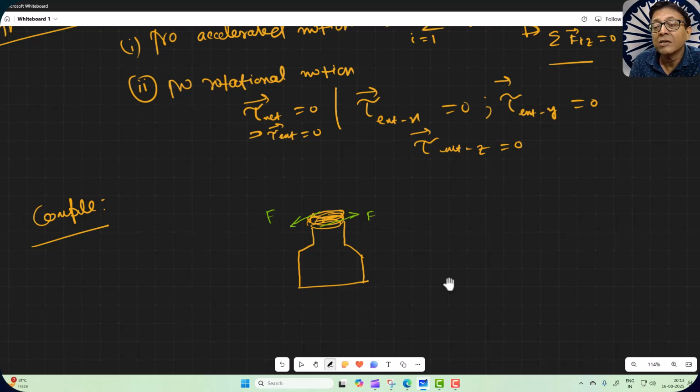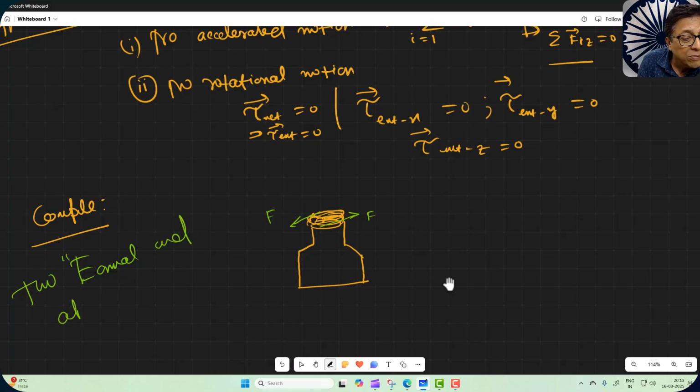Couple means two equal and opposite forces constitute a couple.